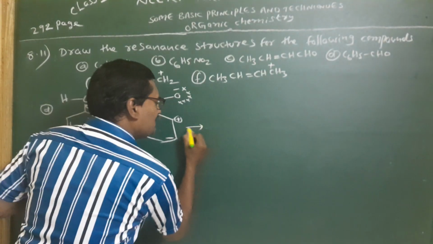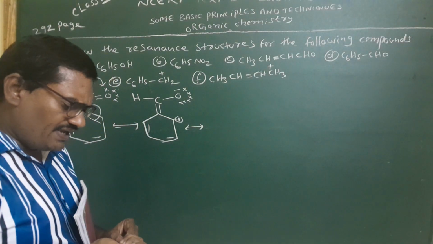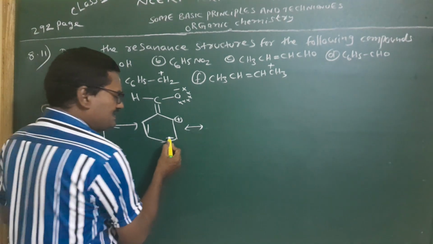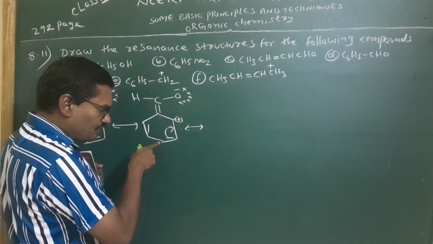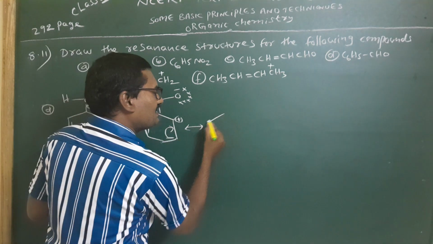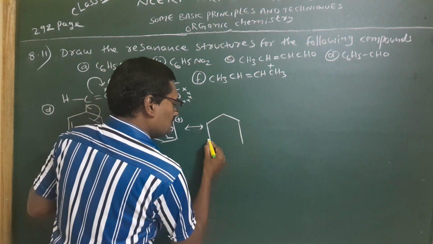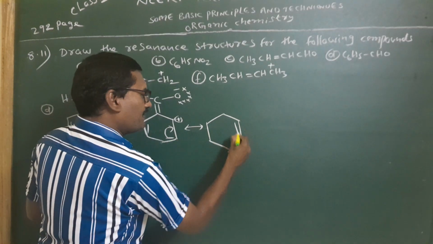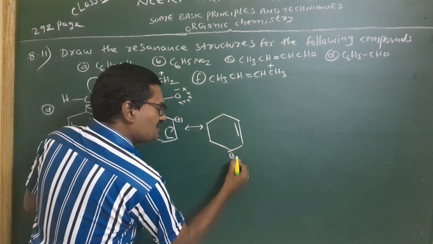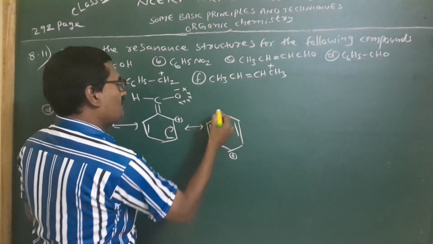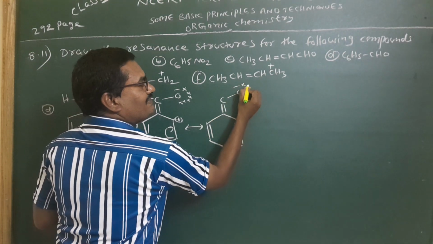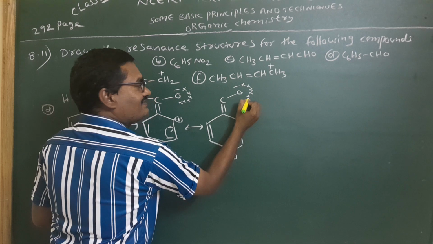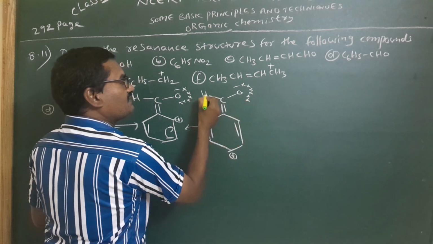Next, the third structure is, this pi bond converts into this place. So the pi bond is shifted into this place. So the third structure is benzene ring. Here pi bond, here positive charge, here another pi bond, remaining double bond C, oxygen minus, which contains 6 electrons, and 1 hydrogen atom.